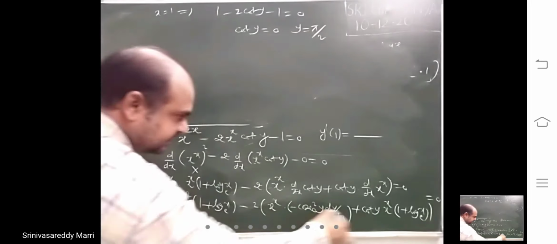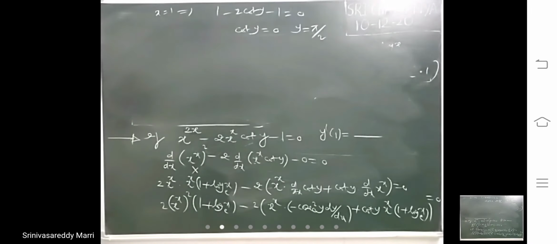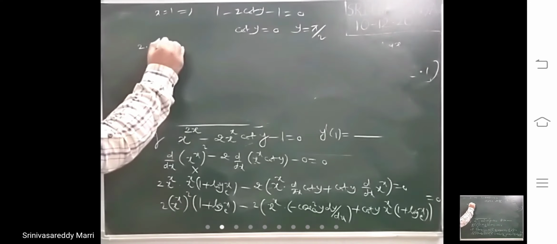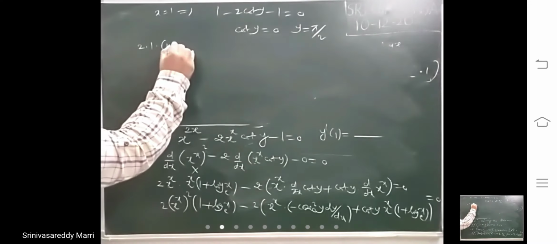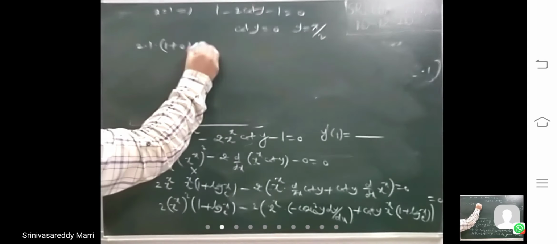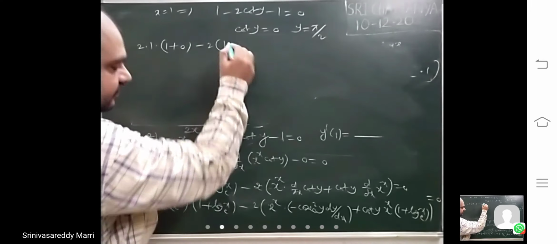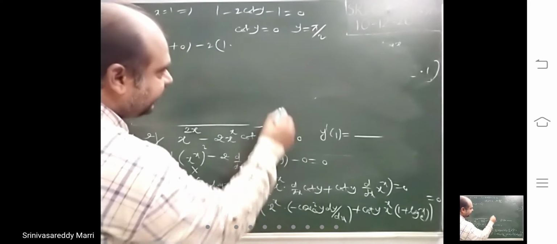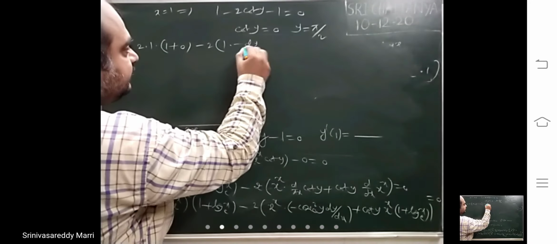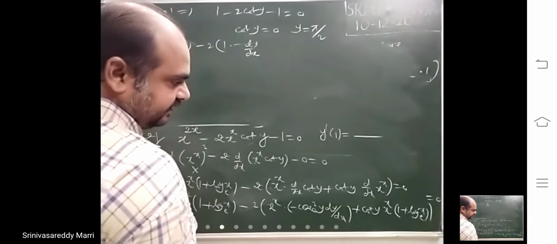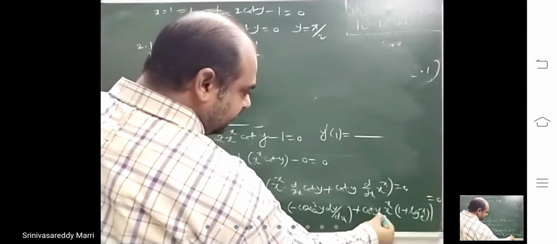That means in this equation you substitute x equal to 1, y equal to pi by 2. 2 into this is 1 into 1 plus 0, minus 2 into this is 1 into 1 into minus 1 minus dy by dx. This is minus 1 into dy by dx. Now cot y is what?